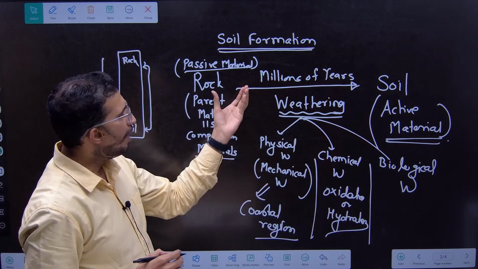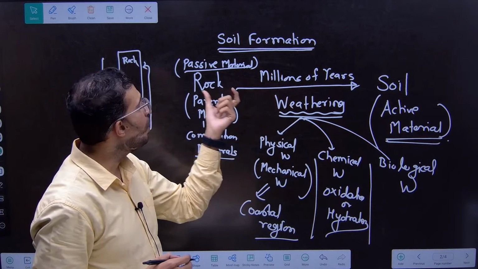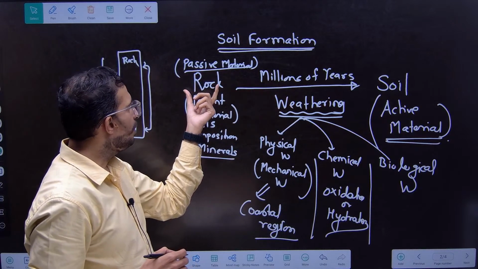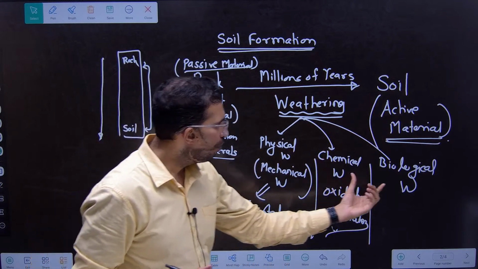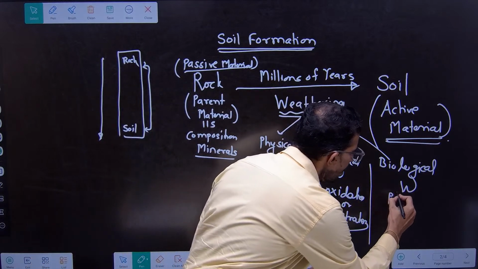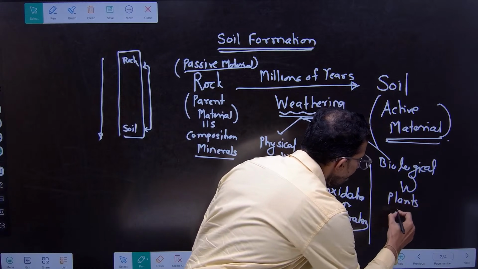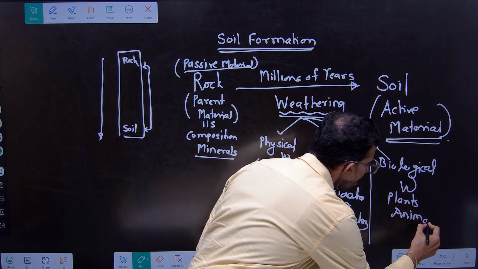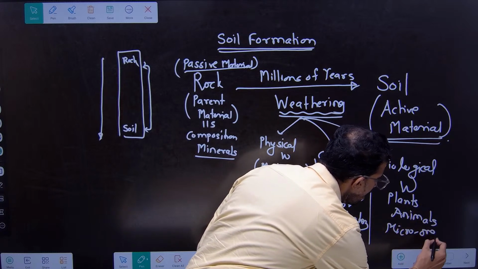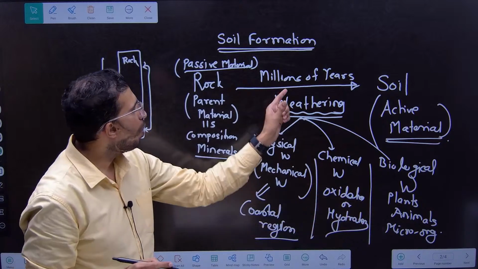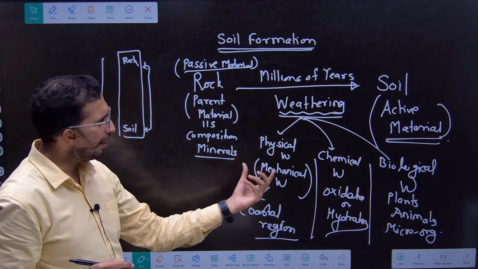Weathering means breaking or disintegration of the rock into the soil in simple terms. Then what do you mean by the biological weathering? Plants, animals, or the microorganisms are responsible for the weathering of the rock. So these are the types of weathering.